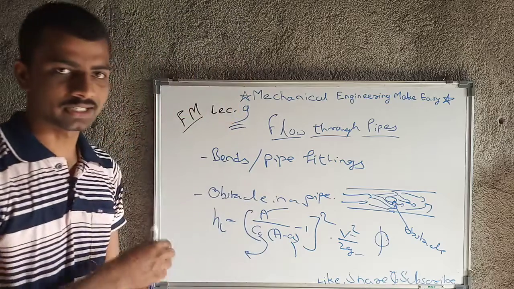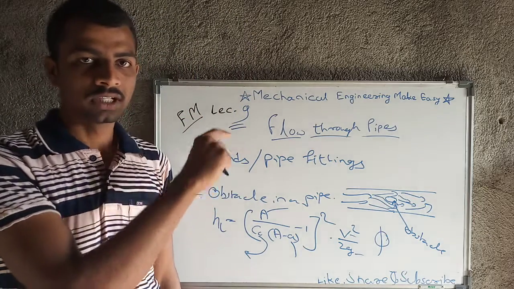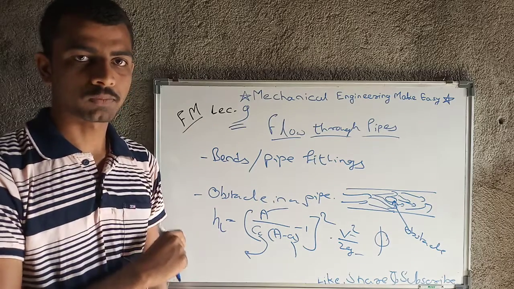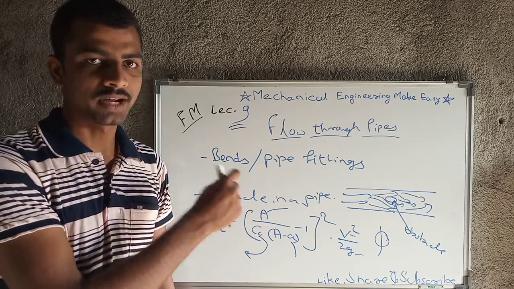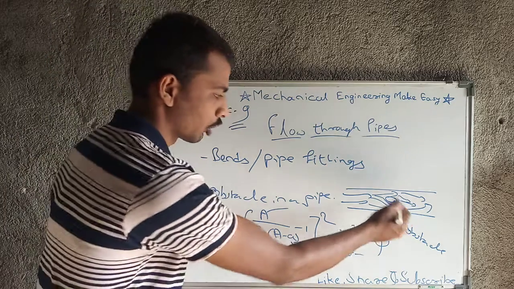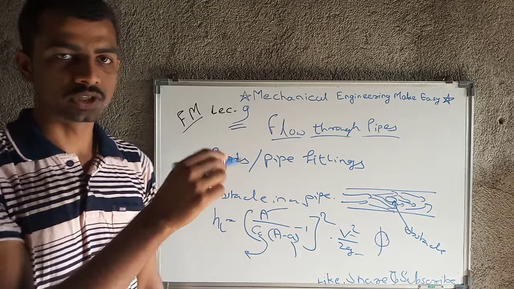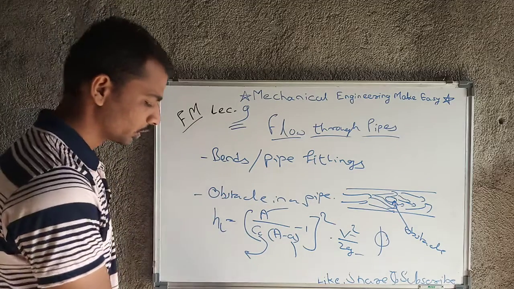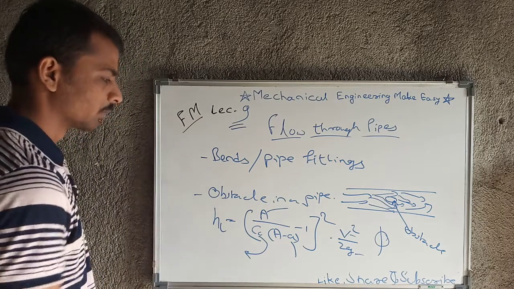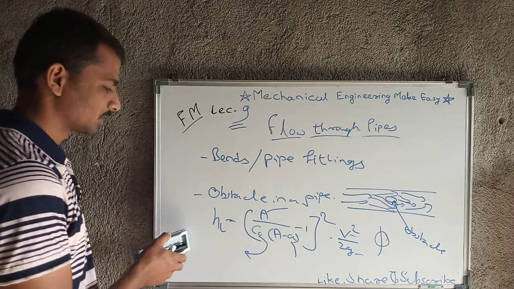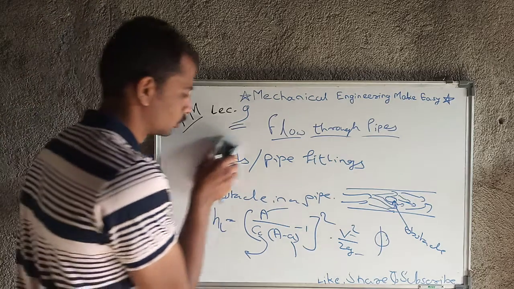So the formula is HL equal to capital A, that is the area of pipe, divided by CC, the coefficient of contraction, into capital A minus small a, that is the area of pipe minus the area of that obstacle, whole minus 1, whole square, into V square upon 2G. Note down this formula also. This formula is not used too much, but there may be chances that it can be asked.